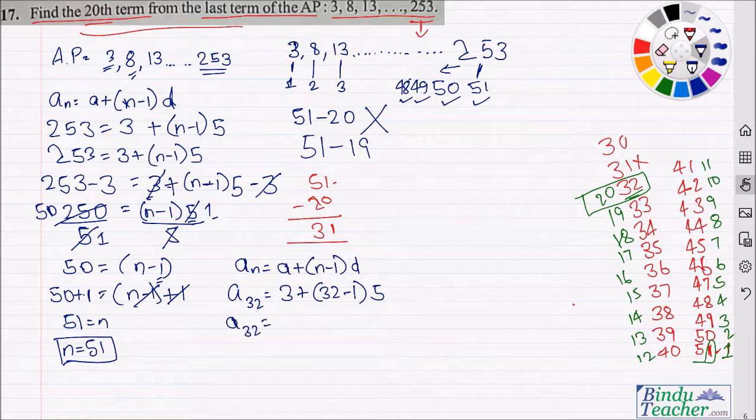A of 32 equals 3 plus 31 into 5, which equals 3 plus 155, which equals 158.